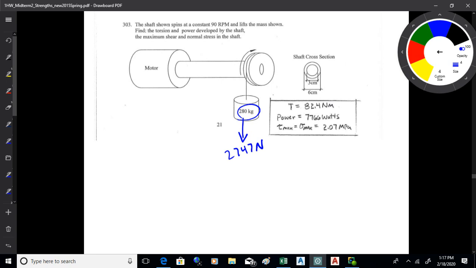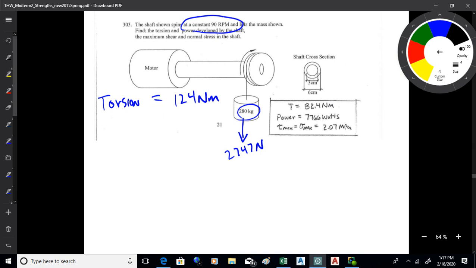All right, now the torsion then, you got to find what that is. That's lifting the weight. It's a constant angular speed, which means you're not accelerating that weight. You're lifting it at a constant velocity. So I think when you put all that together, you're going to get the torsion as 124 Newton meters. Now be sure you can get that figured up. I gave you the shaft dimensions.